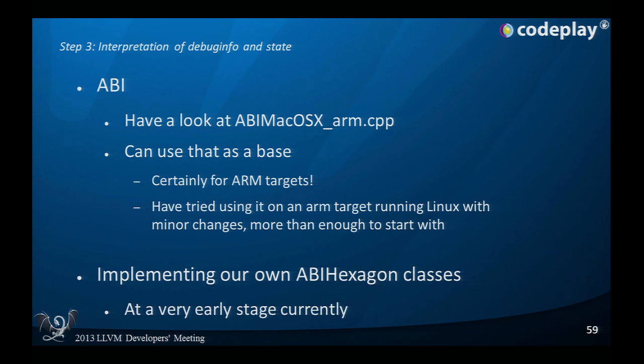I just copied that, with very minor changes, and it worked enough to use as a base. So if you're trying to debug Linux on a remote ARM target, that's fantastic. For Hexagon, we'll be implementing our own ABI classes for this. Like I said, early stage, so we haven't done much on it.